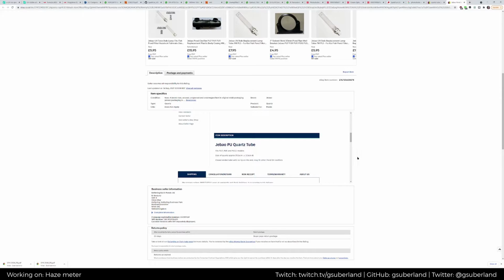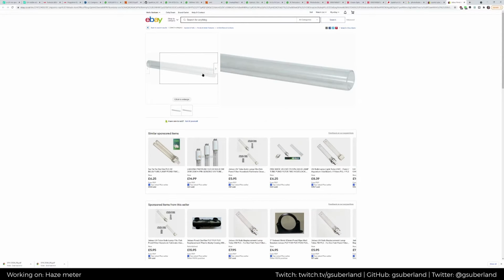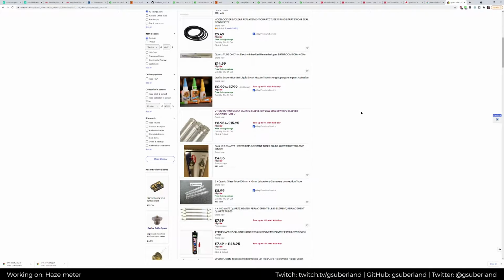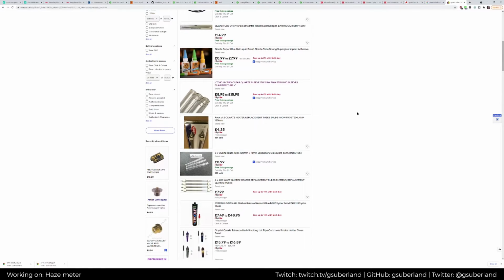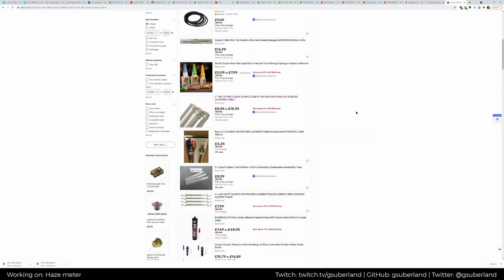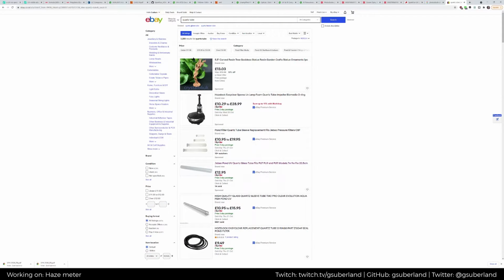So that's what, 35mm? That'll be OD. Yeah, because part of the issue is I don't want this thing to be massive. Ideally I want a not very long quartz tube. What's this?